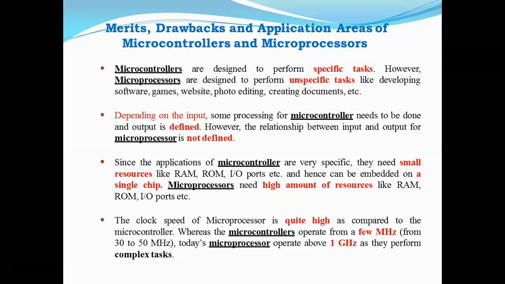A microwave oven is basically used for cooking or heating. Now coming to the microprocessor, the inputs are there, but the output is not defined. That means you can design any application. Therefore, the output is not specific here. You can run a game, you can design a website.